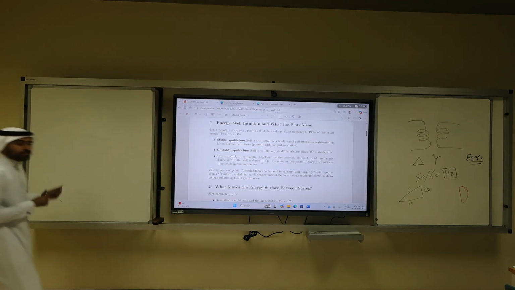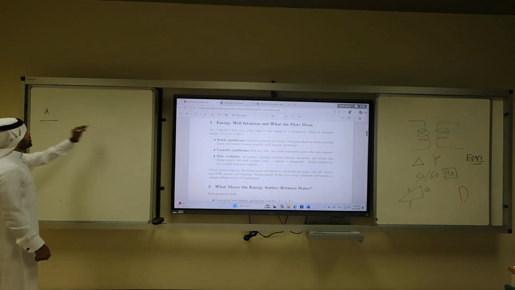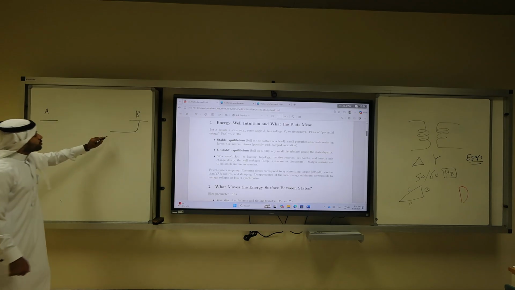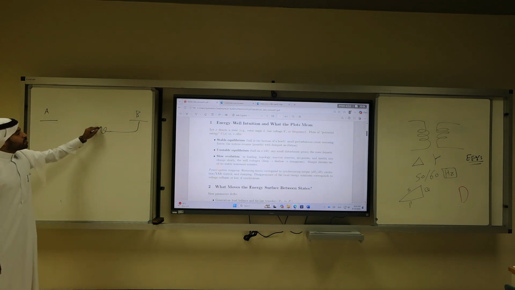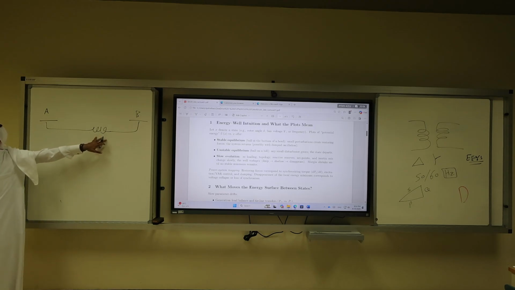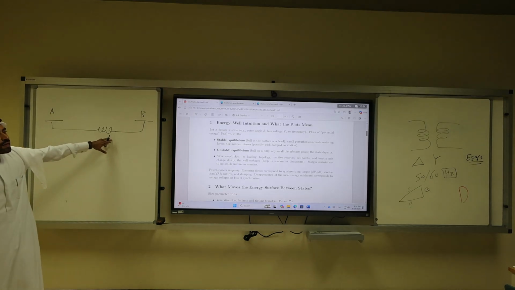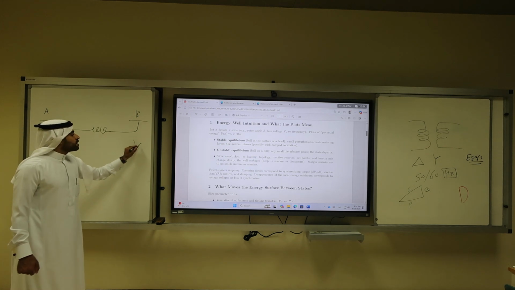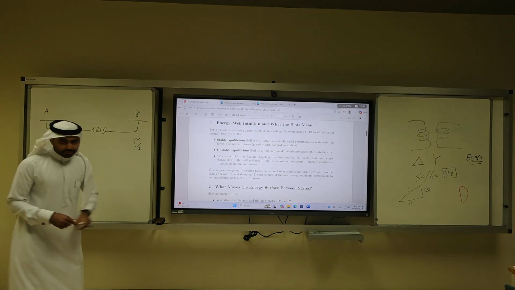Let's think, for example, we have bus A, we have bus B, and here we have a transmission line. We usually denote a transmission line as an inductance. Let's pretend that on this transmission line, here we have the VA phasor, here we have the VB phasor.